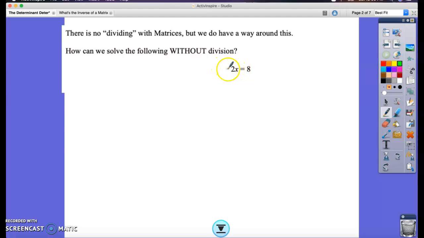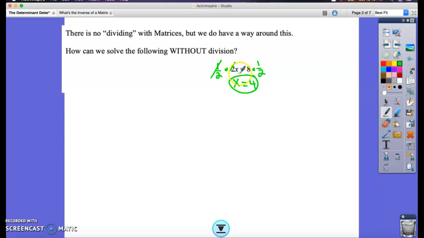Well, the other thing you could do is multiply, which we can multiply by its inverse. The inverse of 2 is 1/2. So by multiplying by the inverse, we can solve without traditional division. So 1/2 of 8 is 4. This is a nice answer.